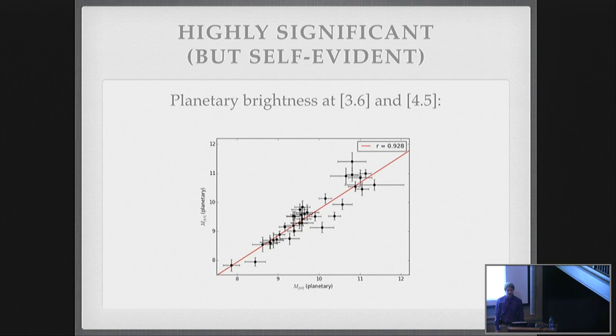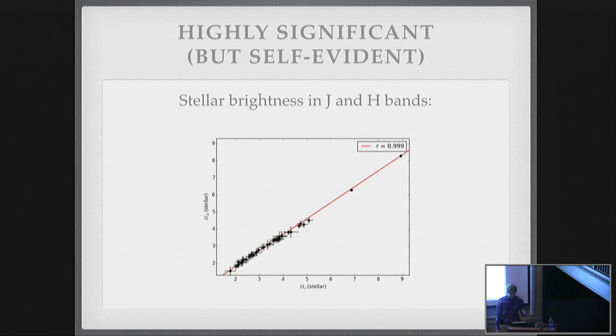So you don't see a lot of variation from one wavelength to the next to first order. There is some scatter, and that's where the interesting stuff is, but you see a very strong correlation. Another very obvious one is the correlation between the brightness of the star in one wavelength versus the brightness in another wavelength. Again, that's going to be very strongly correlated, and although it's very significant, it's not very interesting.